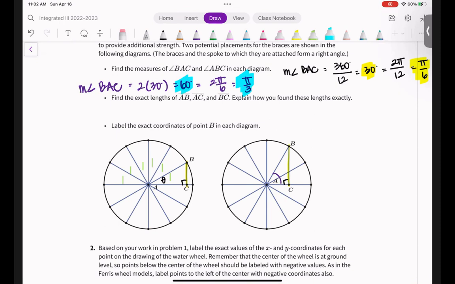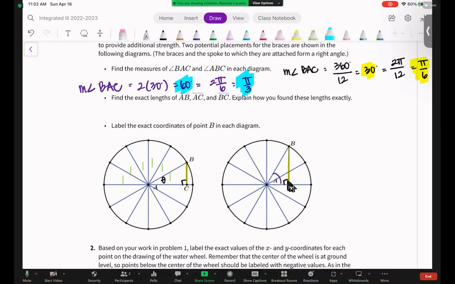What else gives you decimals? It's not approximately 0.3. No, they want exact answers. So they want the exact lengths of AB, AC, and BC. And they're asking it for both of the triangles.